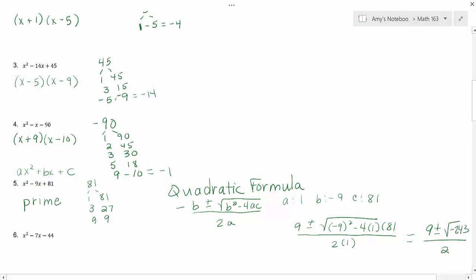Over 2. So you know the square root of -243 is, because it's a negative, it's going to come out as an imaginary number.